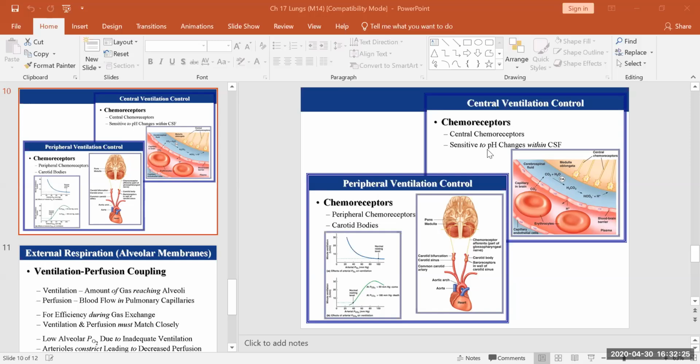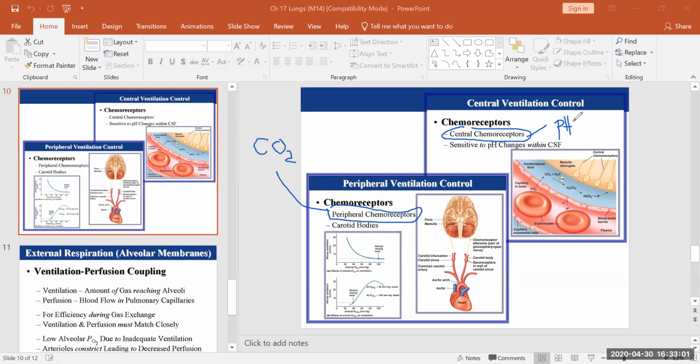But the difference is that peripheral chemoreceptors are sensitive to carbon dioxide, while the central chemoreceptors are sensitive to pH, which is indirectly also sensitive to CO2 because CO2 is related to pH, as I talked about earlier.